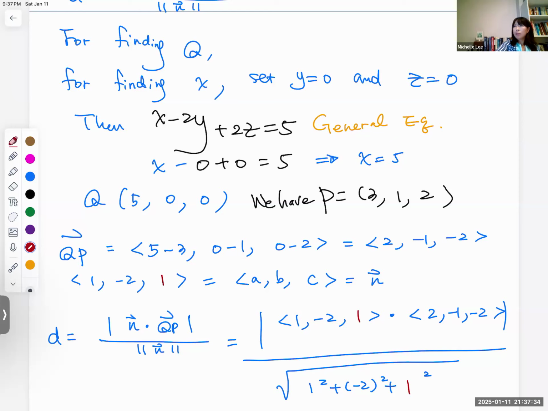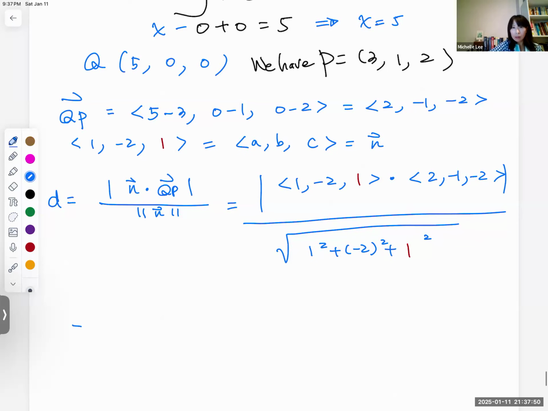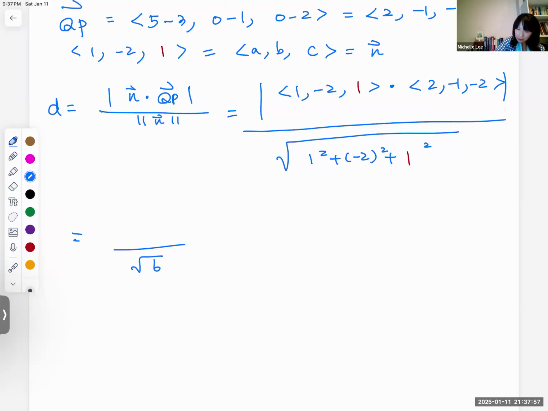Okay, then what do we have? So we get 4, 5, 6. The denominator has a 6, square root of 6. And the numerator has 1 times 2 plus negative 2 times negative 1 plus 1 times negative 2.